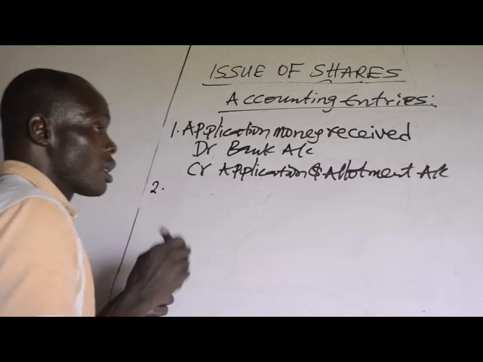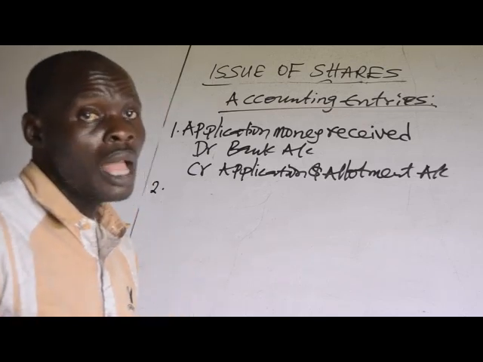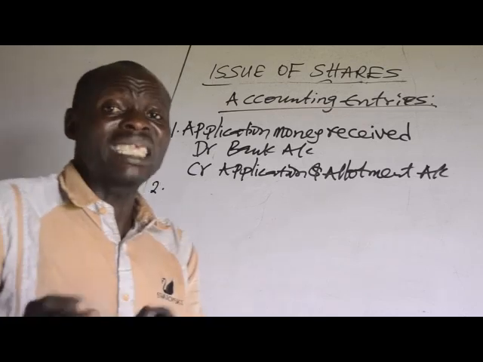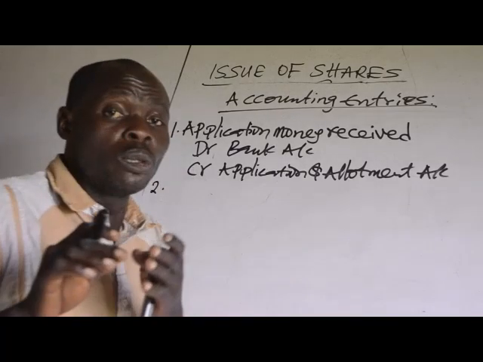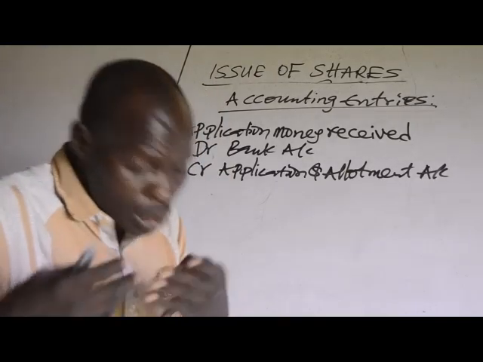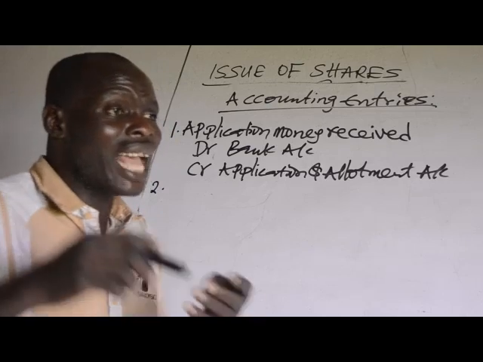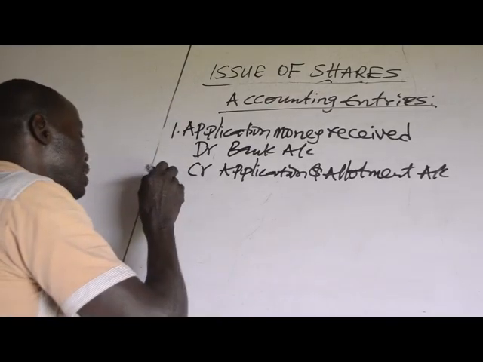Number 2, in the case of oversubscription, I said that excess application money will be refunded to the applicants whose applications were not successful. Excess application money refunded to unsuccessful applicants.